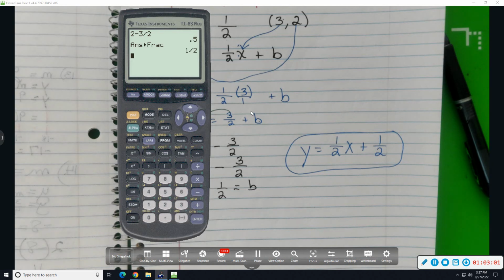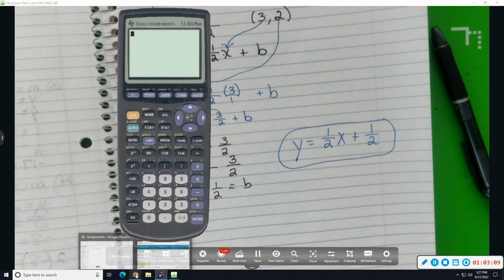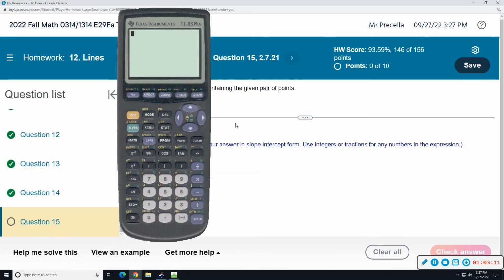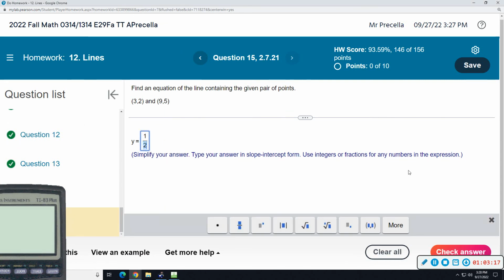Not that you need 0.5, I think most people know 0.5 is a half. So, switching over to my lab and punching in the answer, we have y equals 1/2, get out of the denominator before you type your x, plus 1/2.